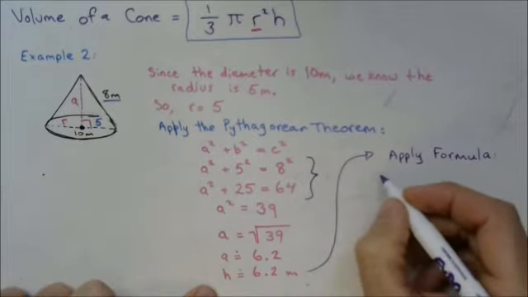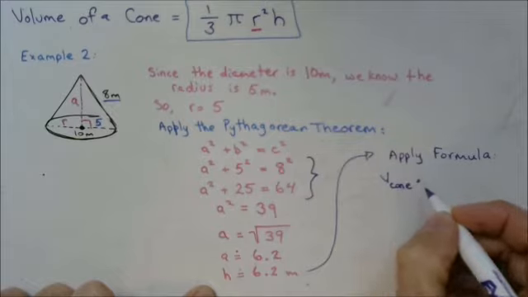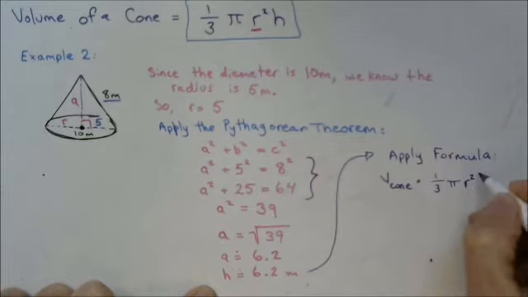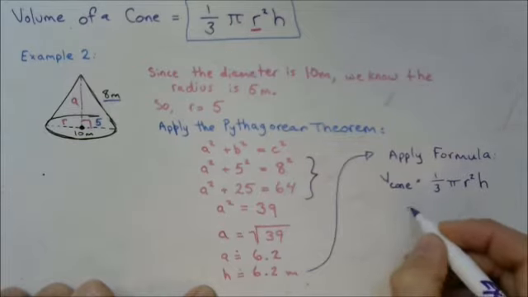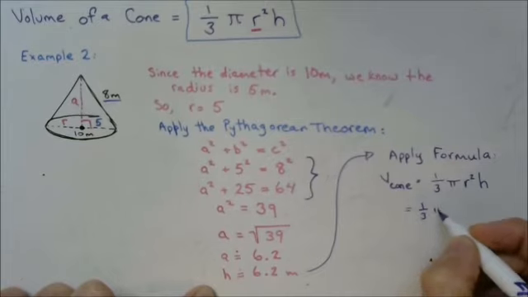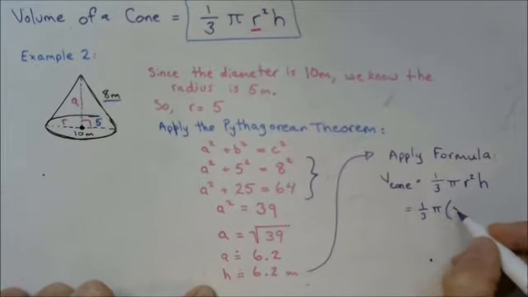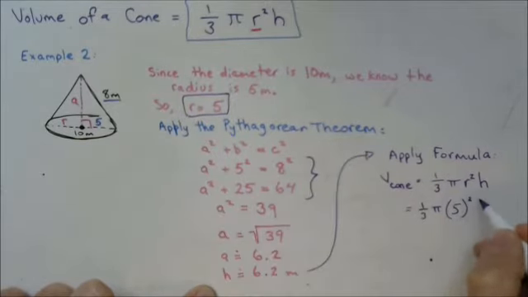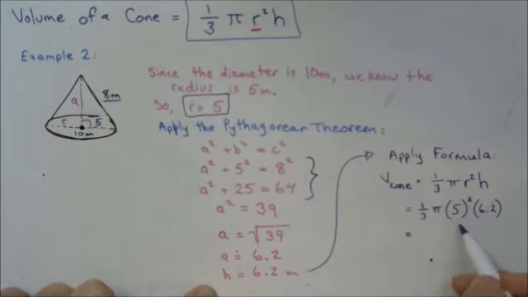We've got volume of a cone equals 1/3 times pi times r squared times h. 1/3 times pi, r is 5, square it, h is 6.2. I need to square my 5 first, that's 25. Then I'm going to multiply by 6.2, and then I'm going to multiply by pi, and then I'm going to divide by 3.